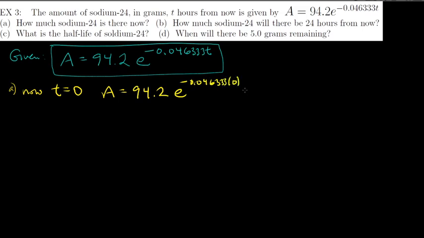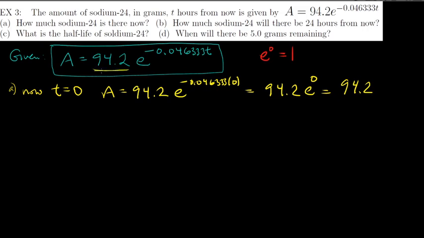But anything times 0 is 0, so you get 94.2 times e to the 0. Hopefully you remember that e to the 0, or anything to the 0, is 1. So you get 94.2 times 1, which is 94.2. So that's where this number comes from.